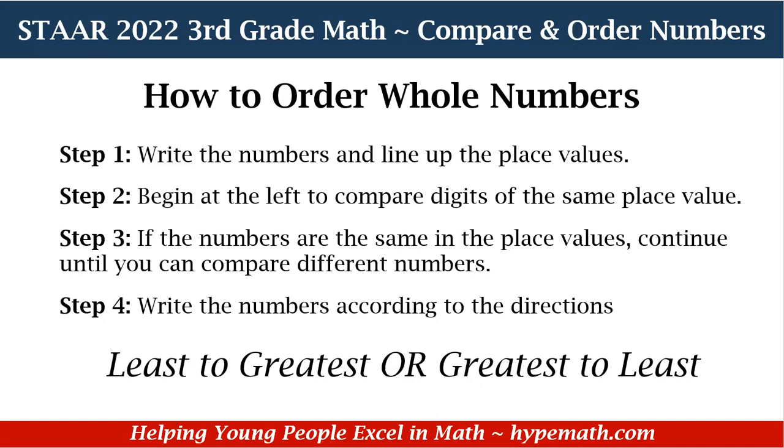Yep, we did that as well when we compared whole numbers. Step 3, if the numbers are the same in the place values, continue until you compare different numbers. Well, that is something we did when we compared whole numbers. So step 4, write the numbers according to the directions.